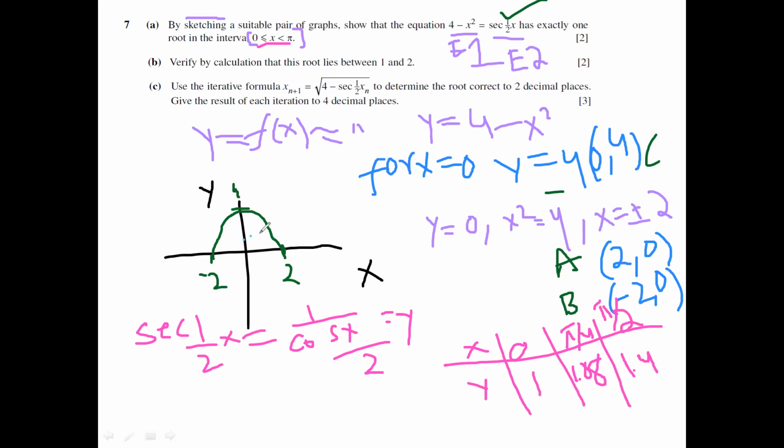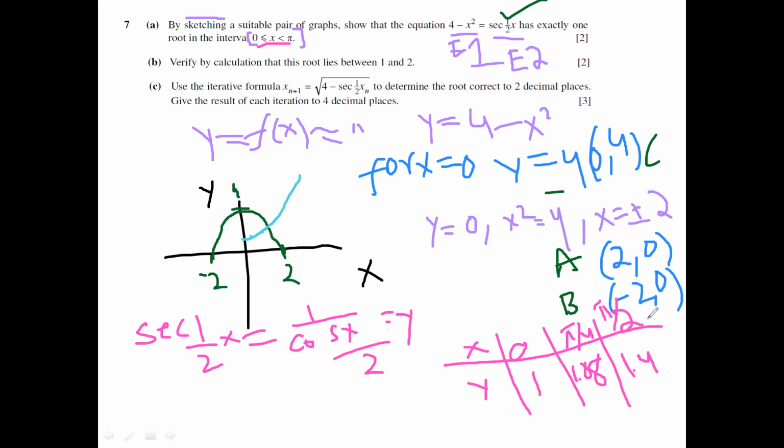And at pi by 2, which is 1.57, y would be somewhere here. This is the trend of the line.